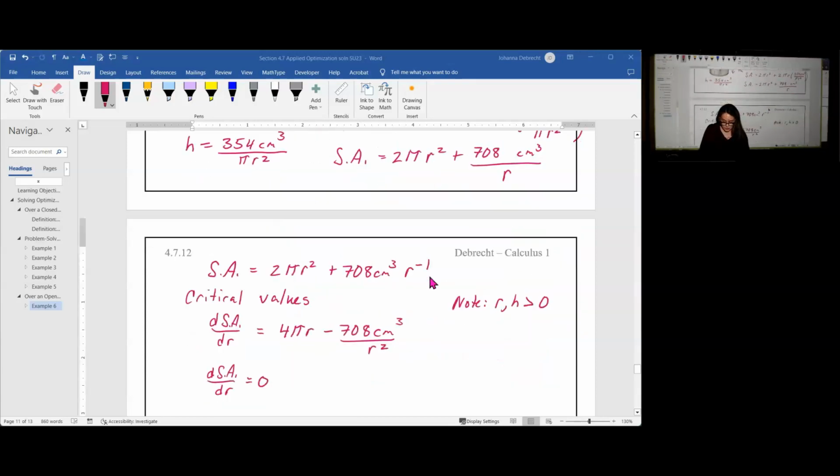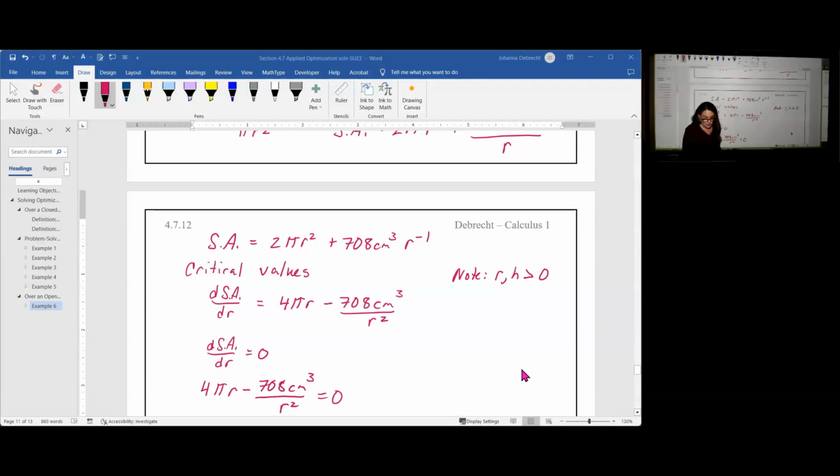When I applied the derivative, I got the formula here, 4 pi r minus 708 cubic centimeters divided by r squared. I set it equal to 0, noting that it's defined everywhere that fits the situation. It's not defined when r is 0, but a radius of 0 makes no sense to make a can. The radius and the height have a constraint that they must be strictly positive.